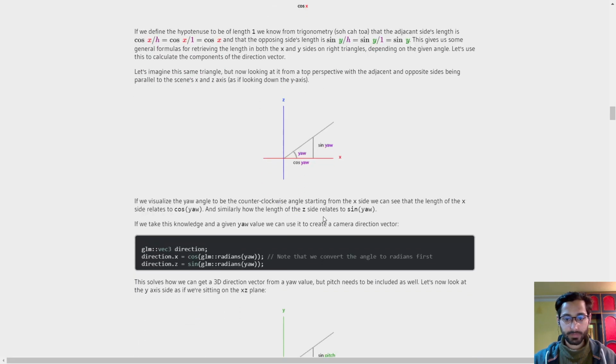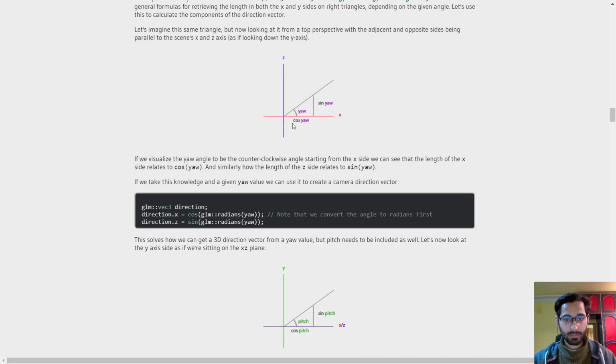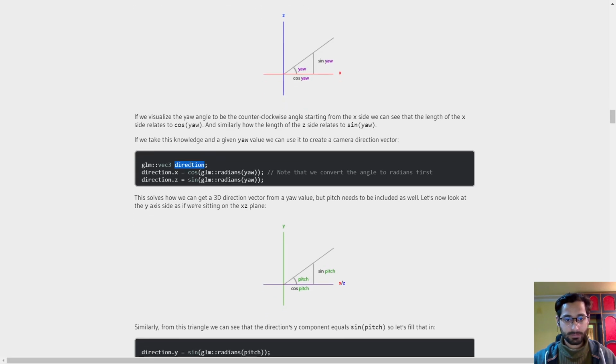And similarly, the length of the z-axis relates to the sine of yaw, which will be this one right here. And that should give us this vector. So for the direction vector, we're going to set both the x and the z, now that we convert the angle to radians first.